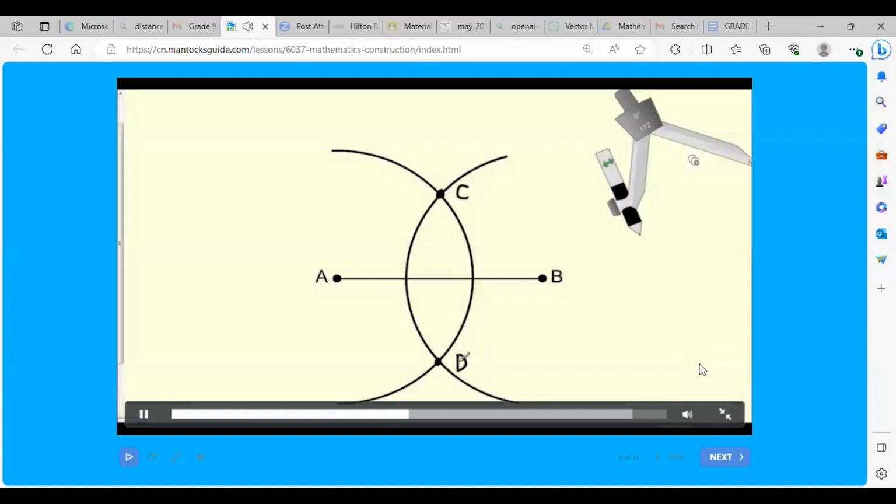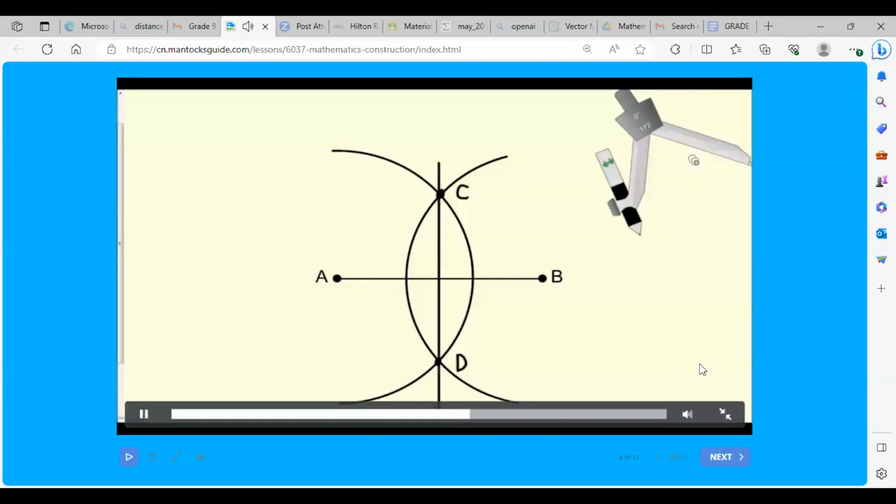Now next we need to construct a line that passes through both points C and D. Starting here, and if you're doing this at home, you're going to use a straight edge. We're going to connect these two points of intersection. Make sure that it passes through a little bit more.